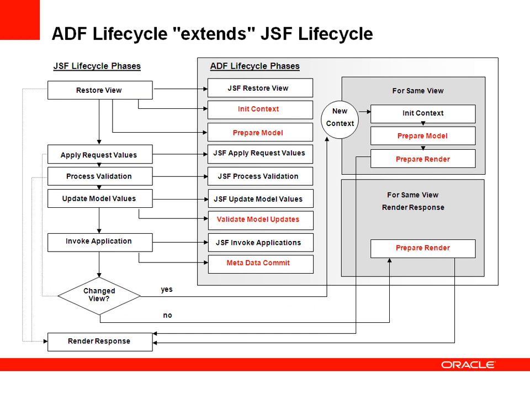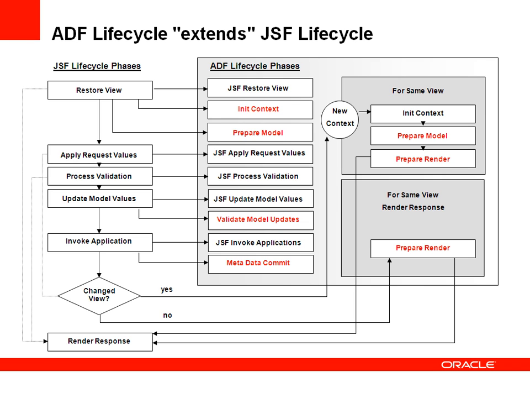Within the JSF lifecycle, in a more complex form, we see the Oracle ADF request lifecycle being part of it. So still we have the six request lifecycle phases that the normal JSF requests run through, and then you see what's highlighted in red.